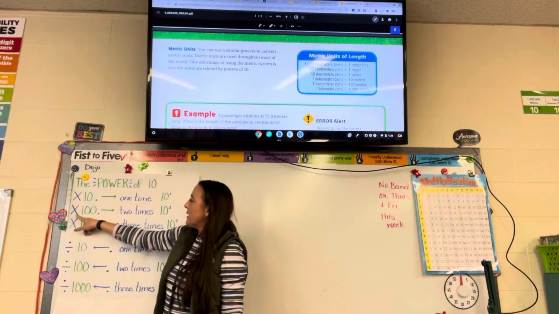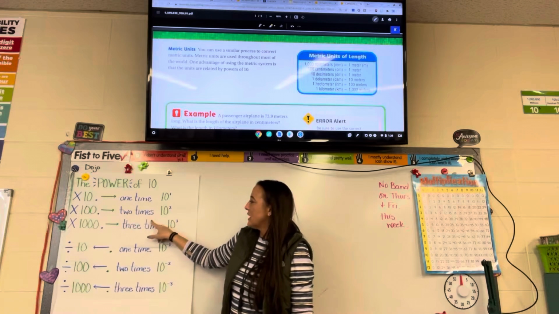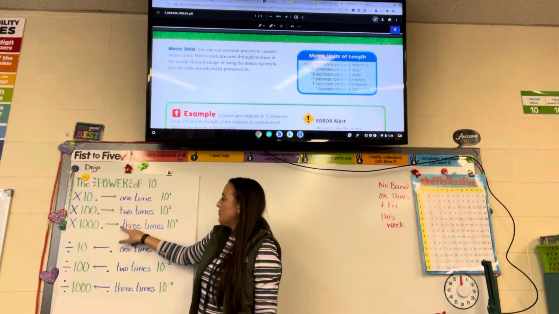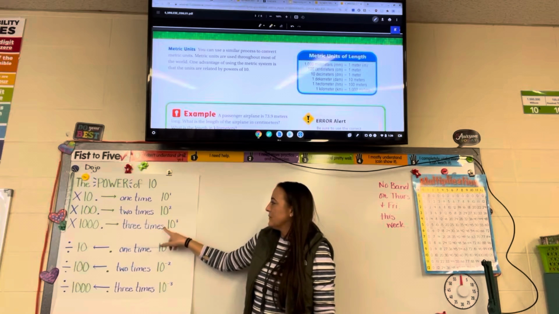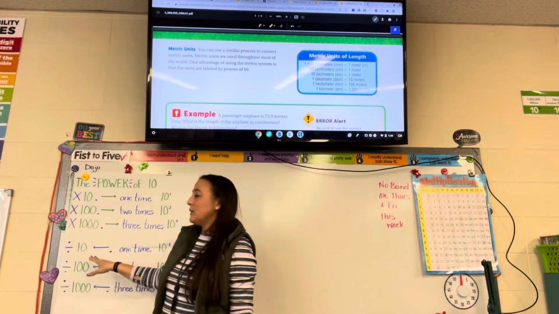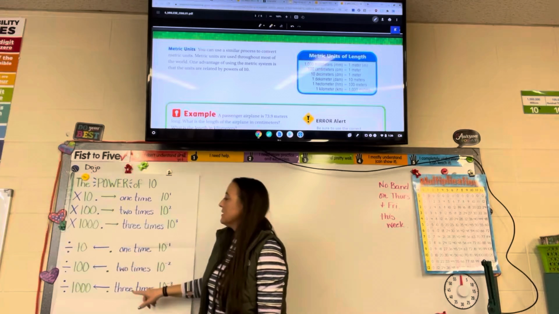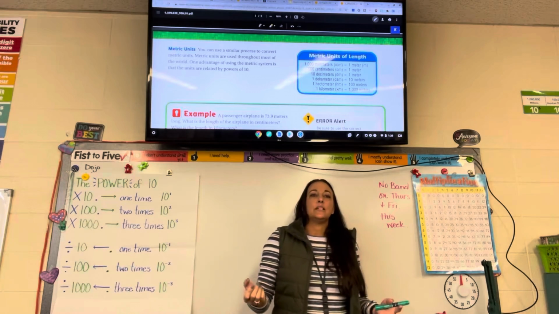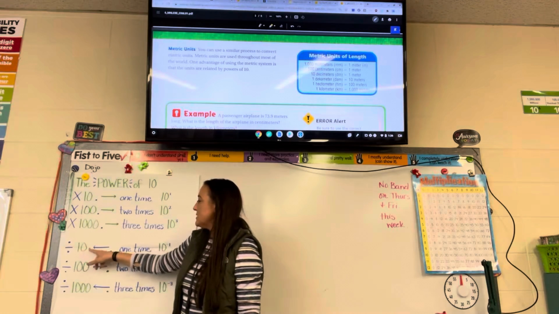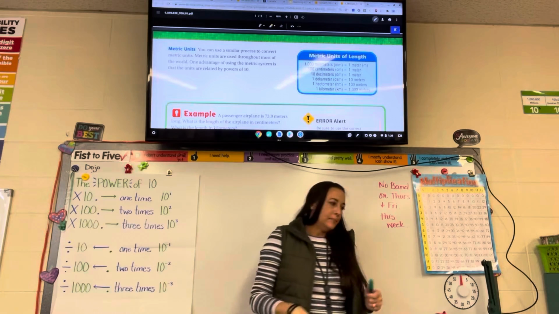When you multiply by 100, the decimal point moves to the right 2 times. When you multiply by 1,000, the decimal point moves to the right 3 times. And then these are 10 to the power of 1, 2, 3. On the other hand, when you divide, the decimal point moves to the left, the number that matches the number of zeros. So if you are dividing by 10, which has 1 zero, the decimal point moves to the left 1 time, and so on.